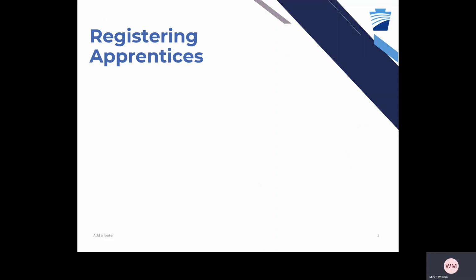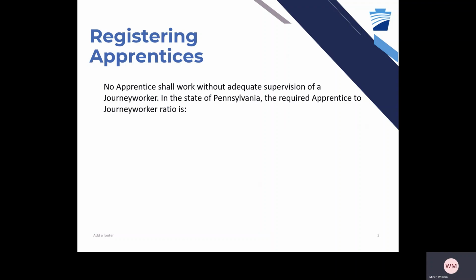When registering a new apprentice, the first thing you want to check is whether the program has space for a new apprentice. This means checking the journey worker ratio count.